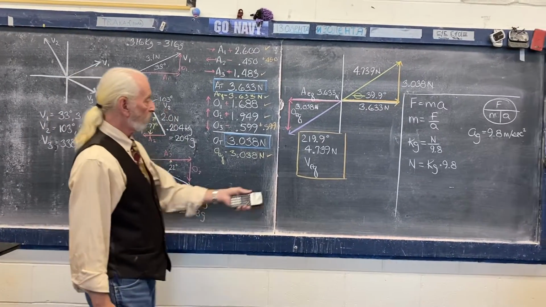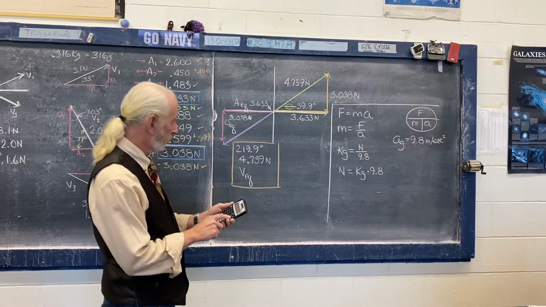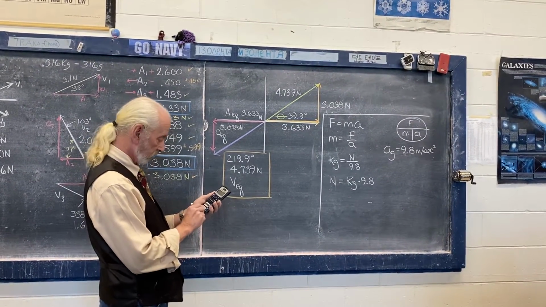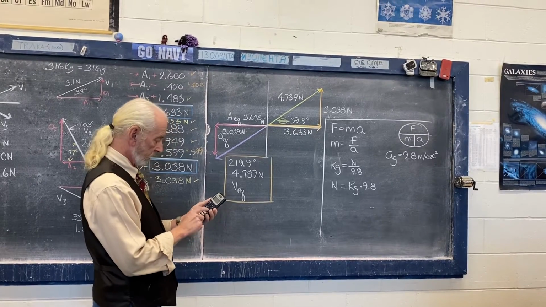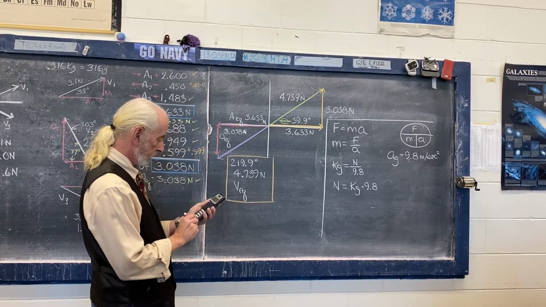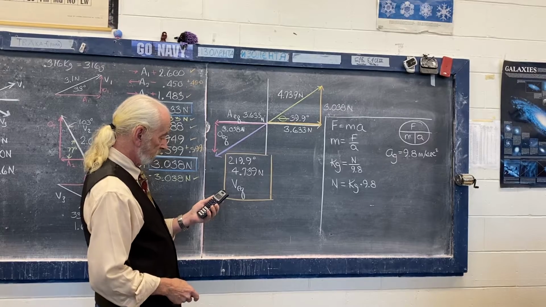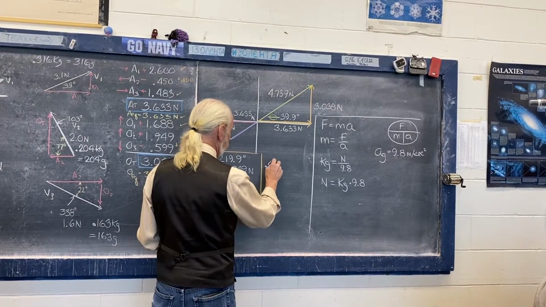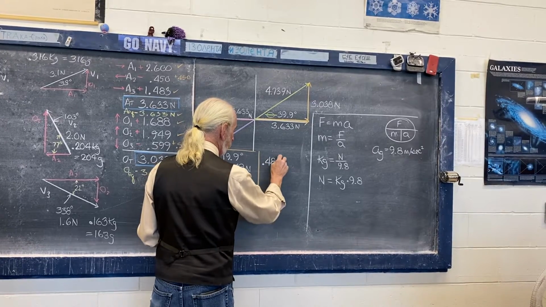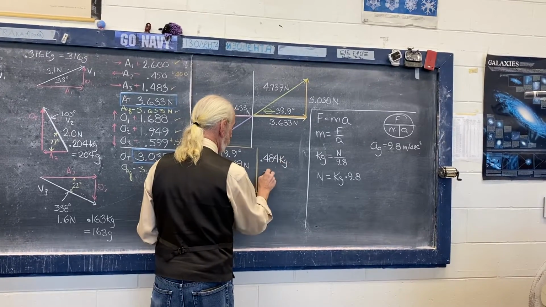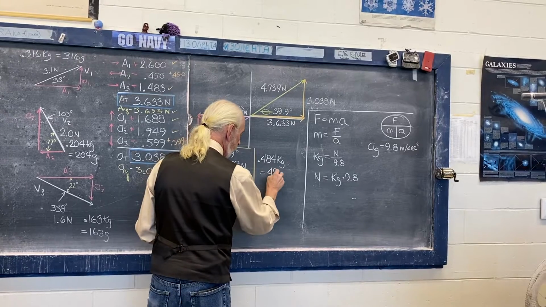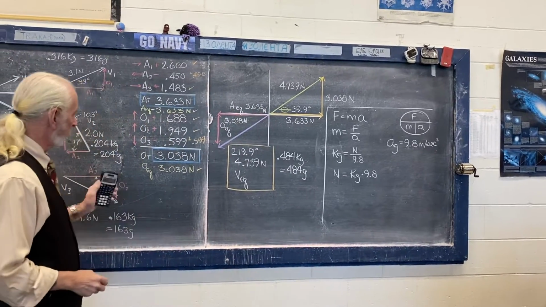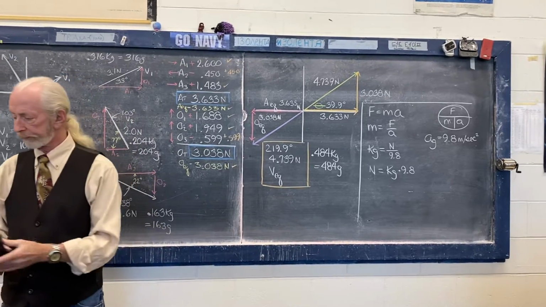Okay? And we can't forget this guy. 4.739 divided by 9.8, 0.484 kilograms. So now we have the values that we can use.